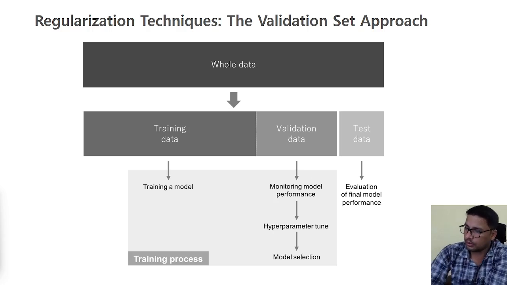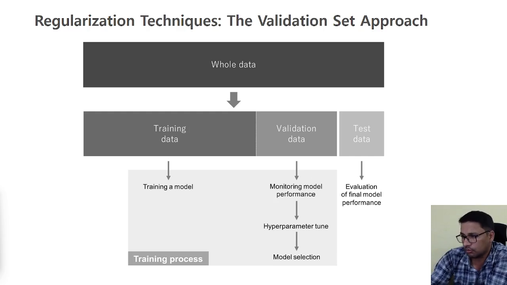One of the methods to make our model more accurately predict on the data is the validation set approach, which tries to minimize the bias between the model prediction and its actual scenario, right?